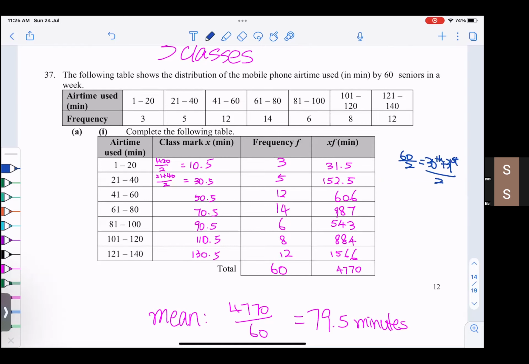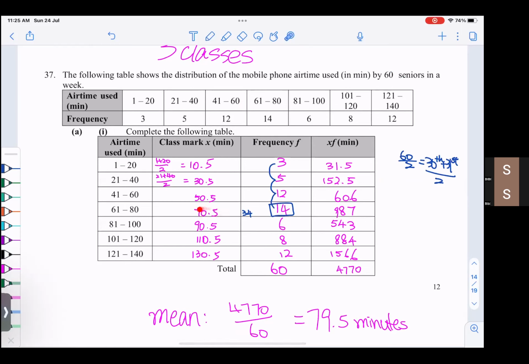So you can count from here. 3, 5 is 8, 8, 12 is 20, 20, 14 is 34. Until here is 34. So that means the 30th and the 31st is actually in here.